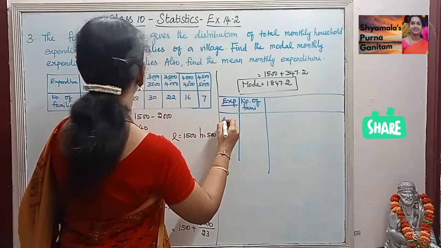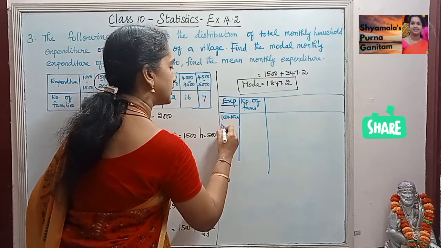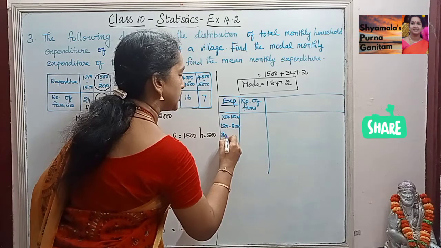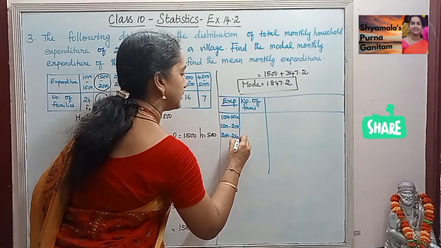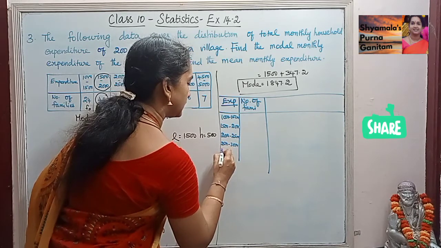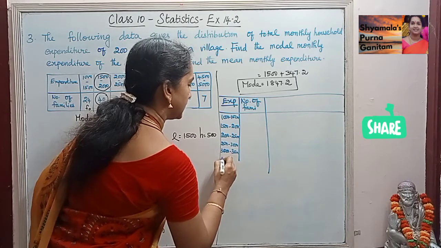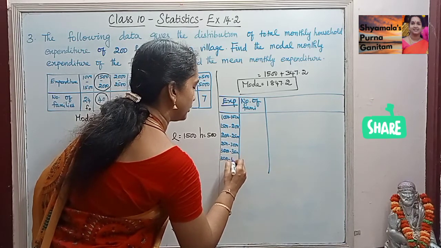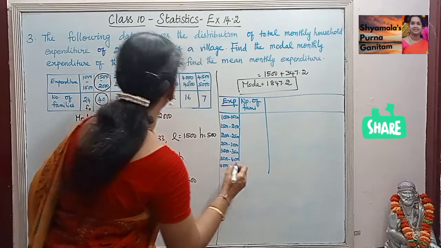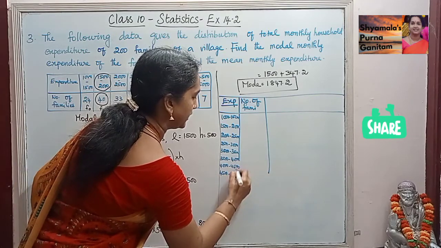Expenditure is 1000 to 1500, 1500 to 2000, 2000 to 2500, 2500 to 3000, 3000 to 3500, 3500 to 4000, 4000 to 4500, and the last one is 4500 to 5000.